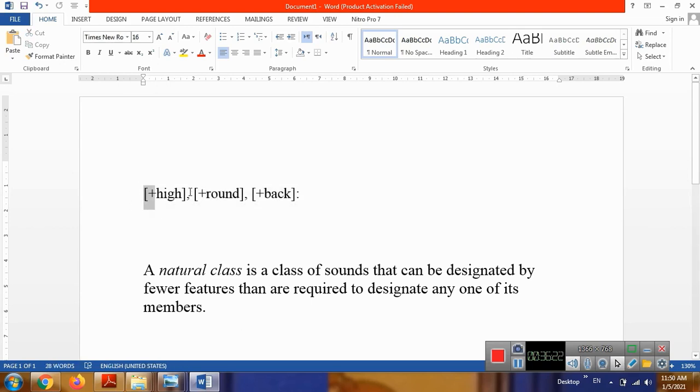For example, when we define a sound, for example, here we had U. I want to explain it according to an example, and I hope you learn it.